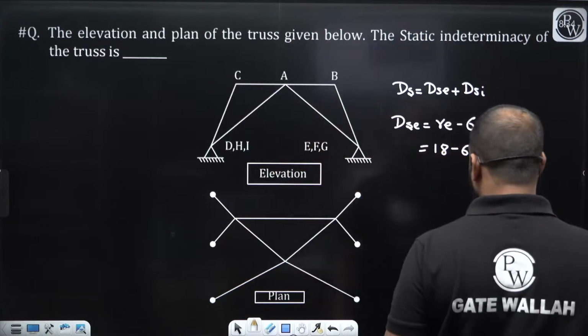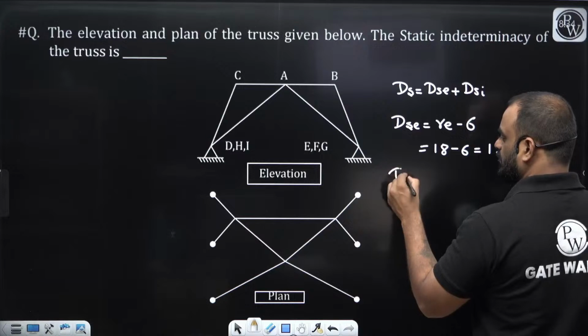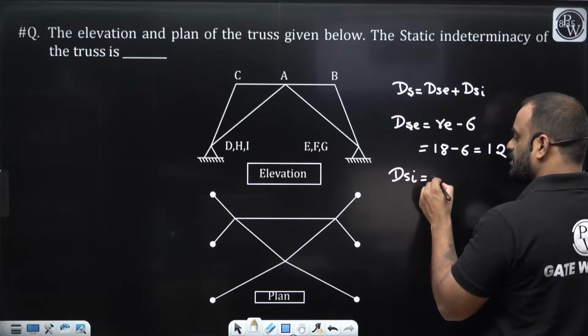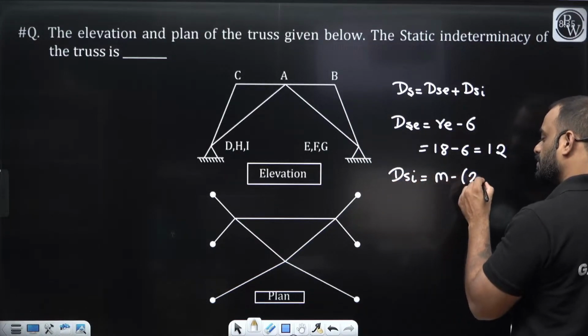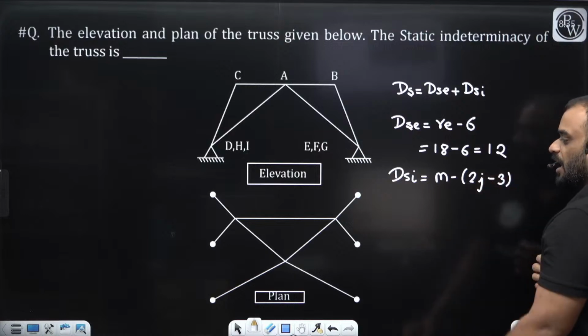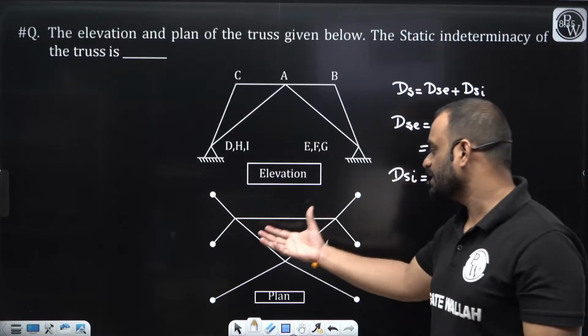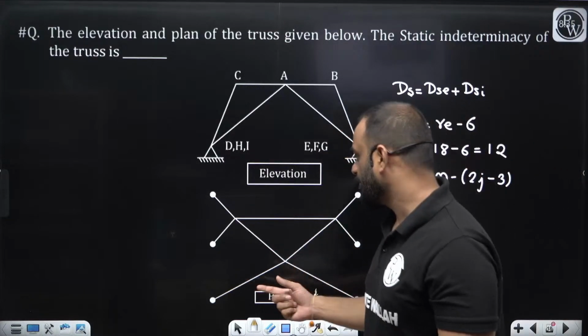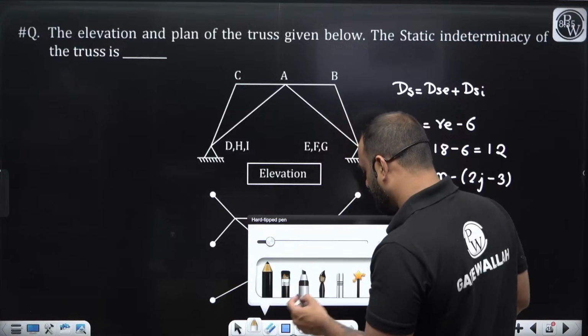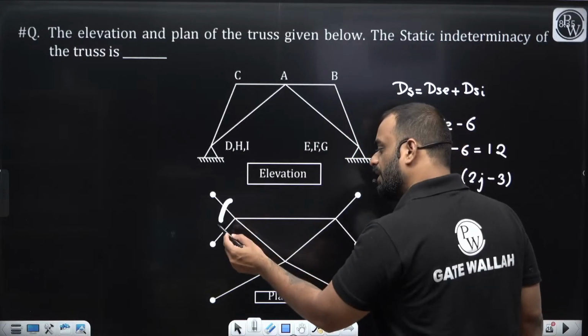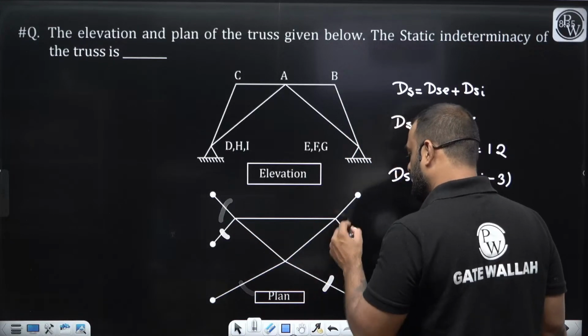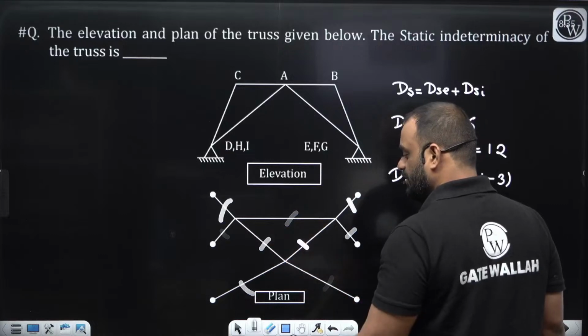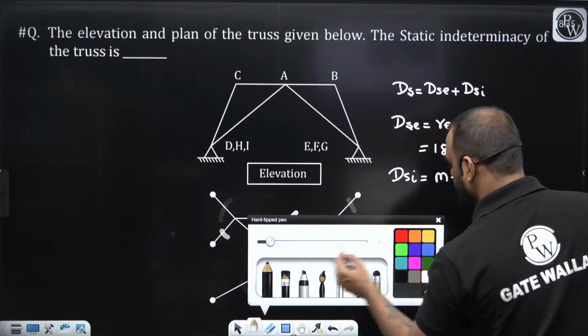But what about, sir, DSI? DSI is M minus 2J minus 3. How can we count the members? By using this particular plan portion. You can see here how many members we have? 1, 2, 3, 4, 5, 6, 7, 8, 9. Total number of members is 9 basically.